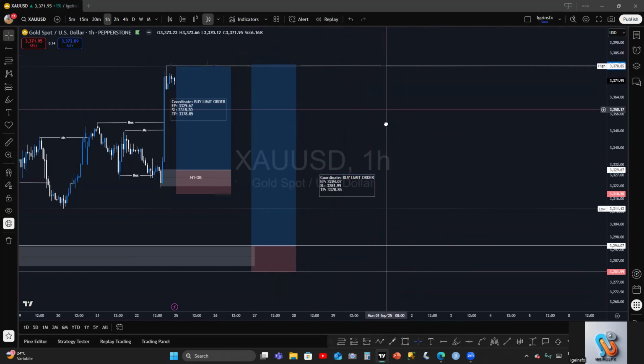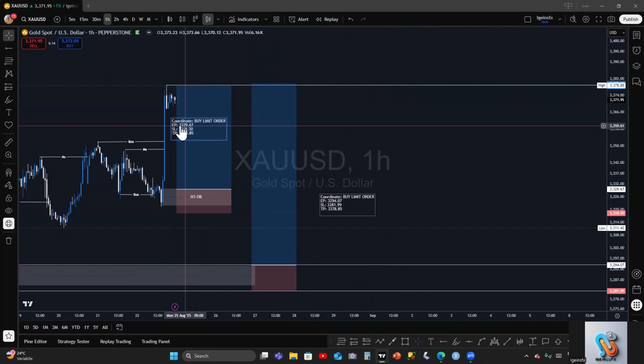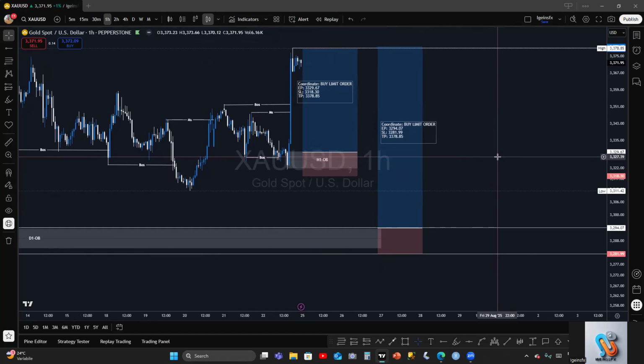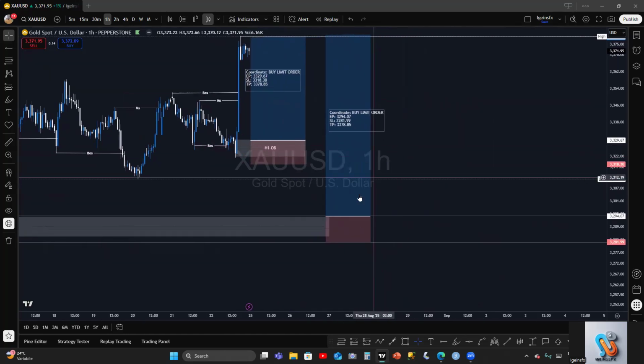Then the TP is the same, 3378.85. So this is the coordinate for this, and this is the coordinate for this.